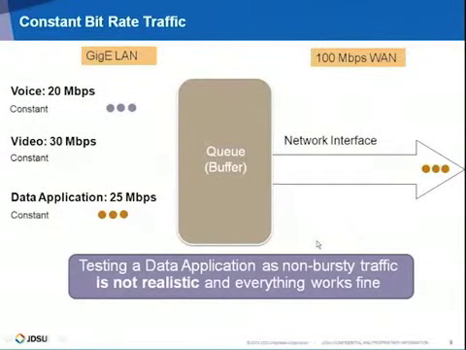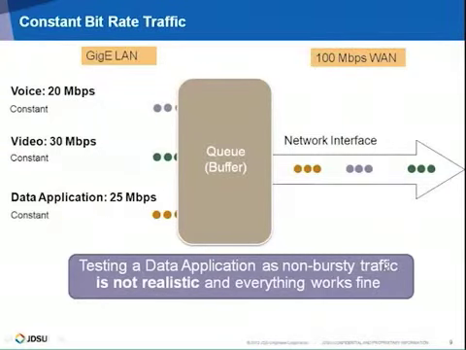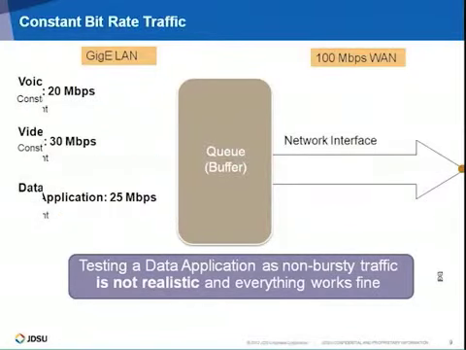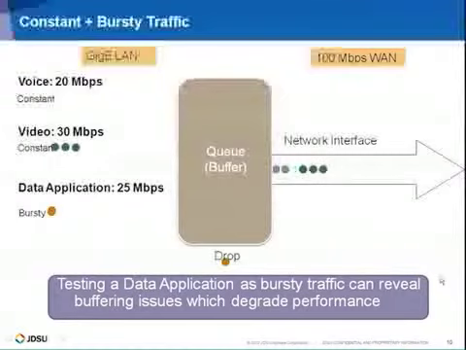And it's not until you actually emulate that data traffic as real bursty traffic, like we'll see in this next animation slide, that you actually start to stress the network buffer and see that frames are being dropped or lost.